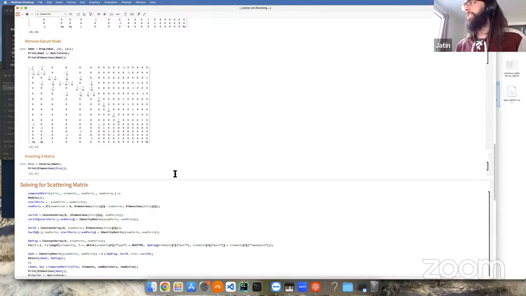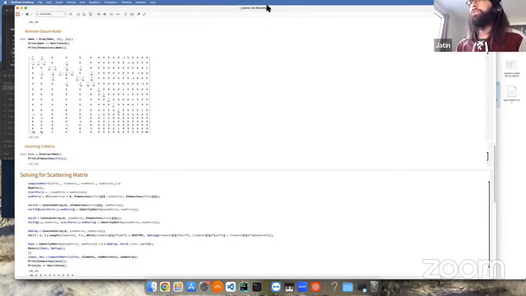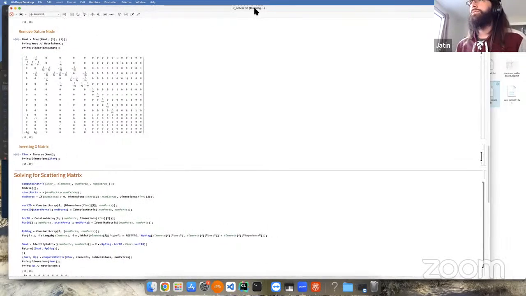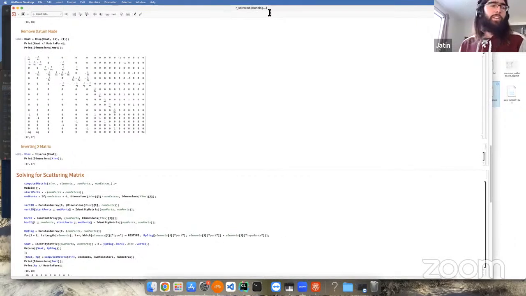Oh, okay, no, it didn't finish. It's still running, which you can tell because of this handy running indicator up at the top. I guess it just figured out what the dimensions would be and printed that ahead of time. Fair enough.